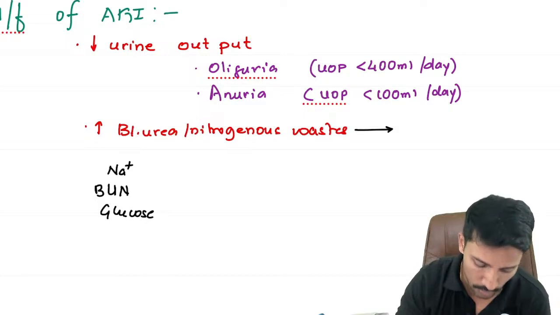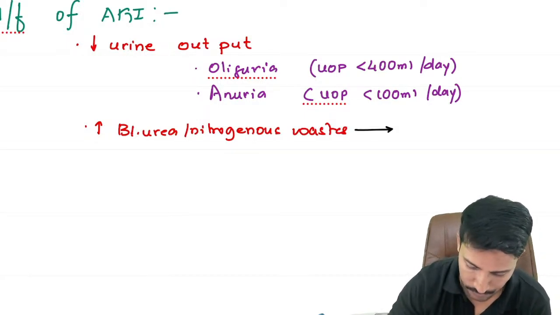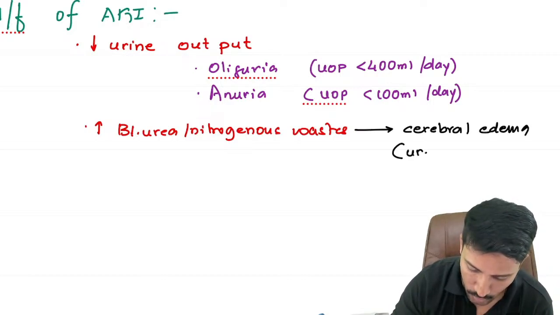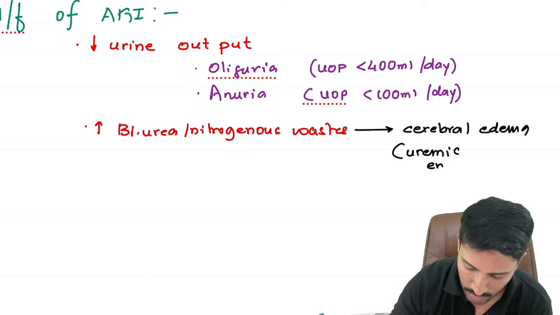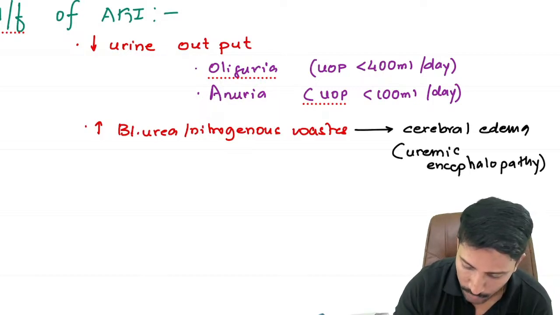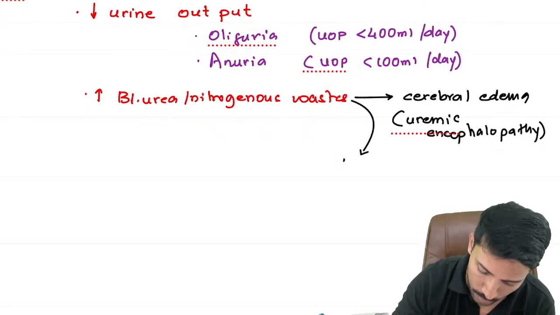So because of that, one of the common problems it can lead to is cerebral edema. It can lead to cerebral edema, and in that case we will call it uremic encephalopathy, because now the brain, which is edematous, cannot function properly. Second, high urea levels can also lead to pericarditis.